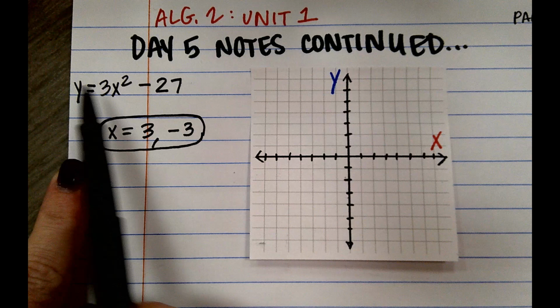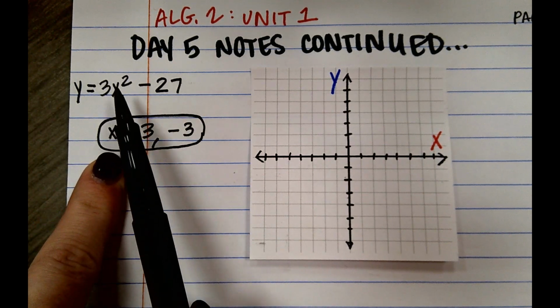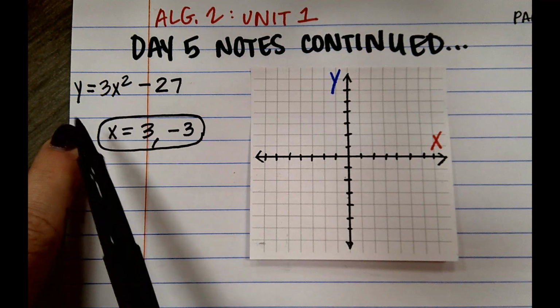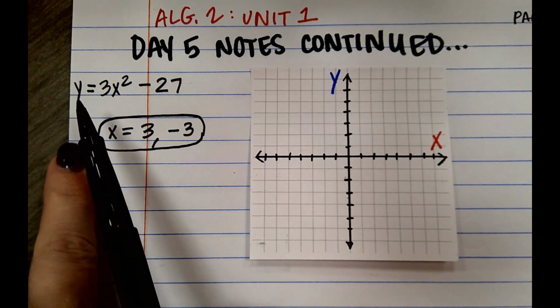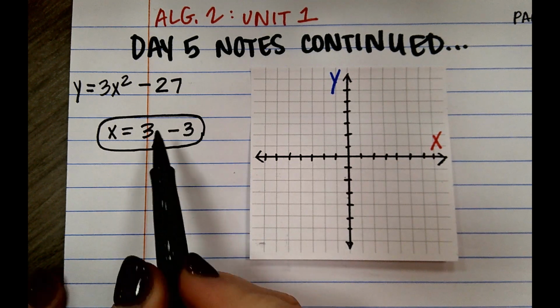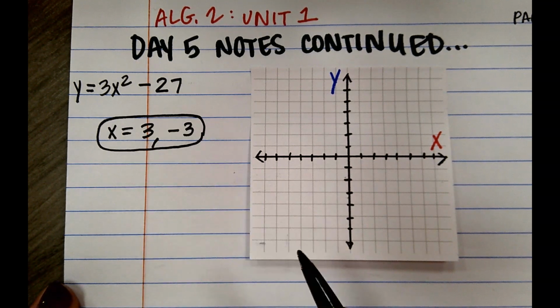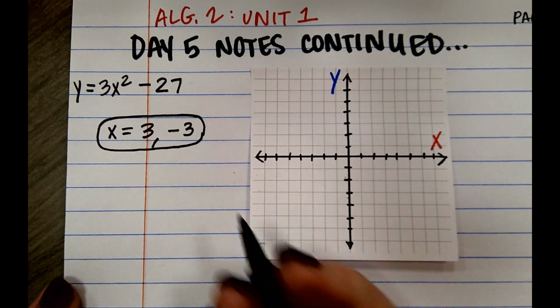This is a function where anytime I plug in an x value, I get a corresponding y value. So, if I plugged in these x's that we just found, let's see what happens.